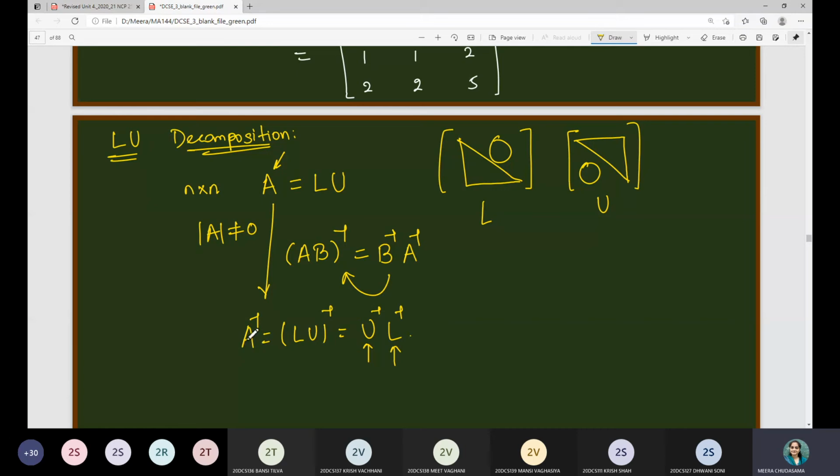So in that case A inverse can be decomposed as an upper triangular matrix and a lower triangular matrix, meaning UL decomposition.